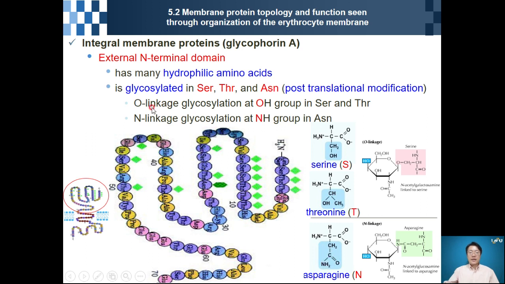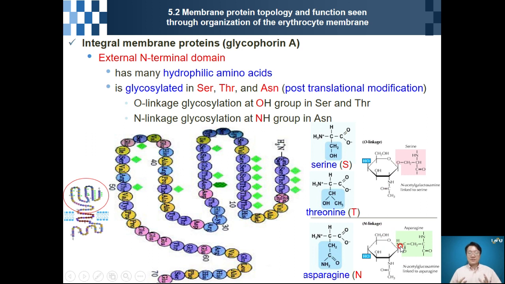O-linked glycosylation happens at the OH group in serine and threonine, and N-linked glycosylation happens at the NH group in asparagine. So this is O-linked glycosylation, and this is N-linked glycosylation.